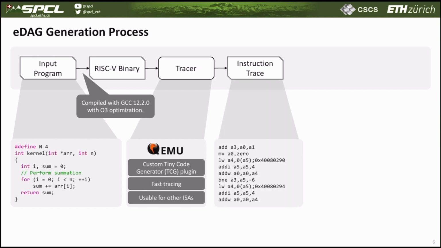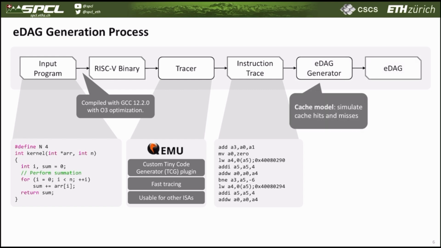And then we take this instruction trace that looks like this. So we have all the assembly instructions and the memory addresses as well, right? That is important. We don't want to get into static analysis and alias analysis. We really want to say, for this execution, which memory address was accessed. And then we take this trace and we generate an EDAG out of it. We have just seen how EDAGs look for this simple sum.